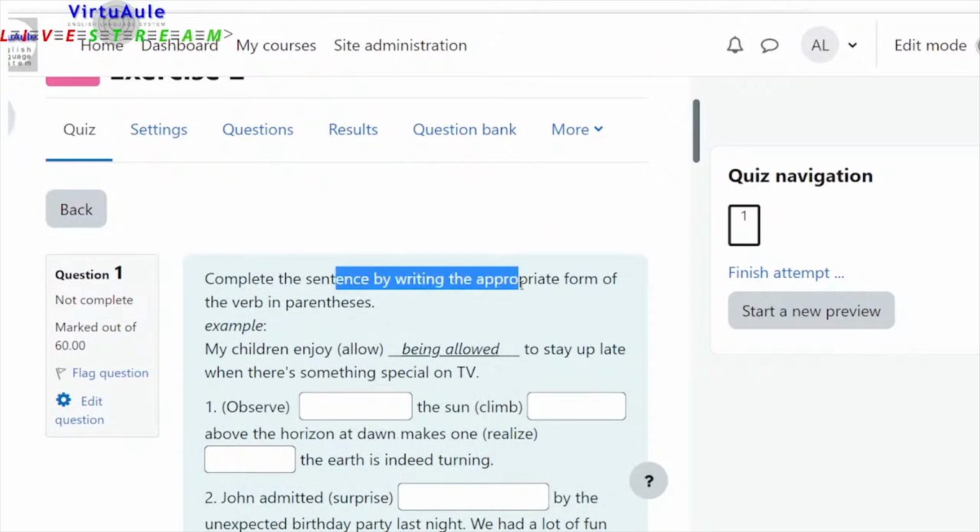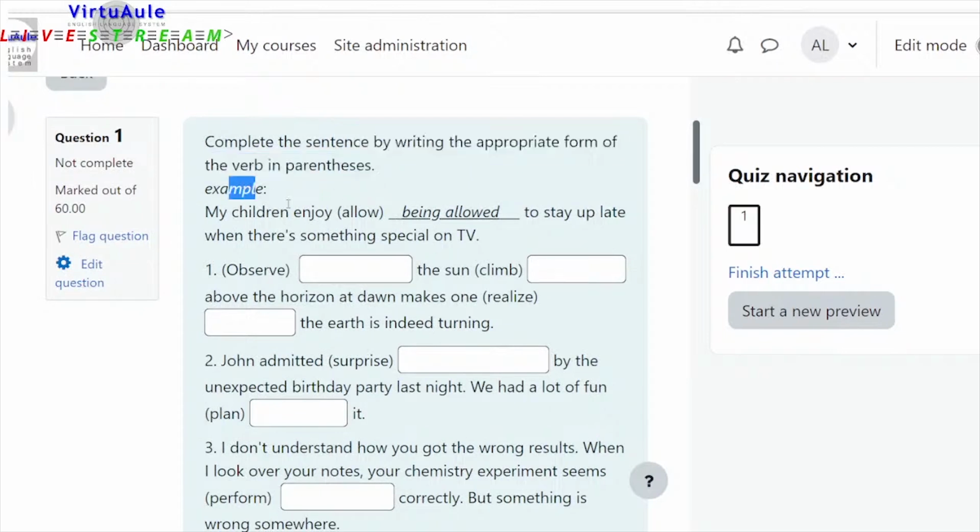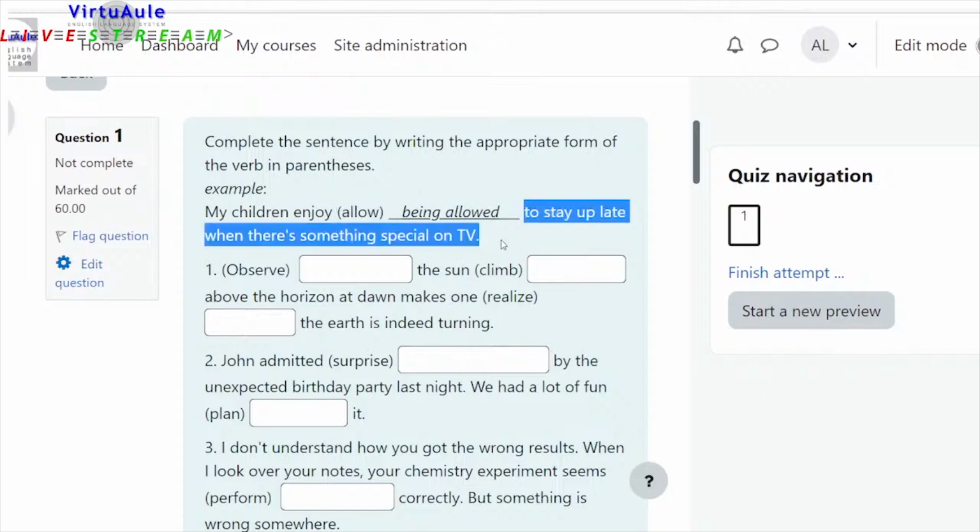Exercise 2 is a review of verb forms. So you have an exercise: complete the sentence by writing the appropriate form of the verb in parentheses. There is an example: my children enjoy, then there is the verb allow in parentheses, and there is a gap, to stay up late when there's something special on TV.